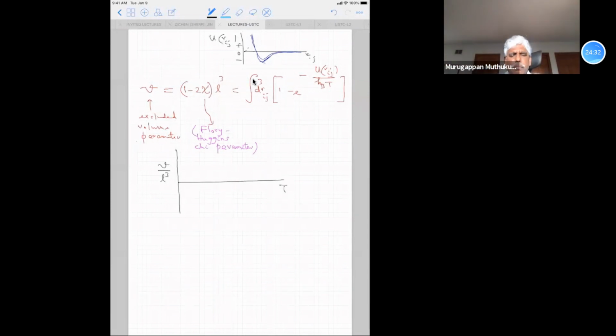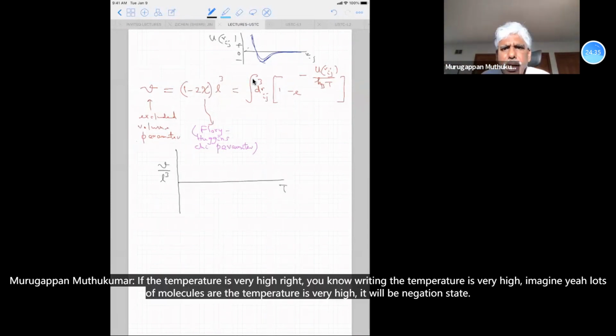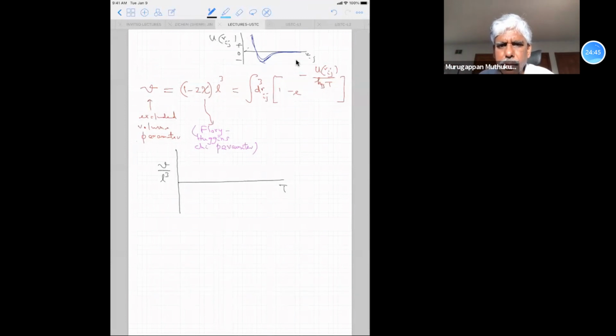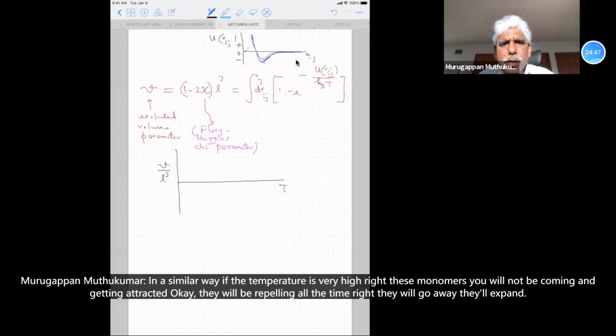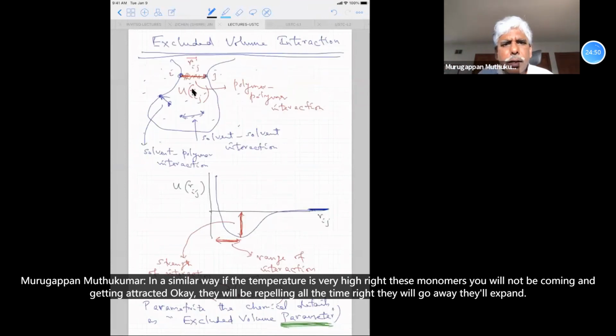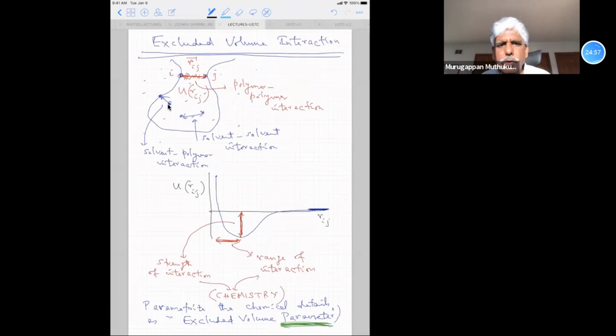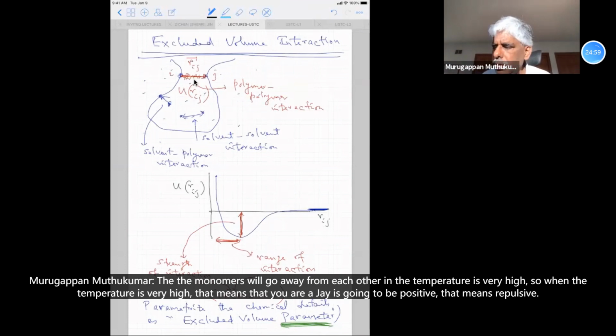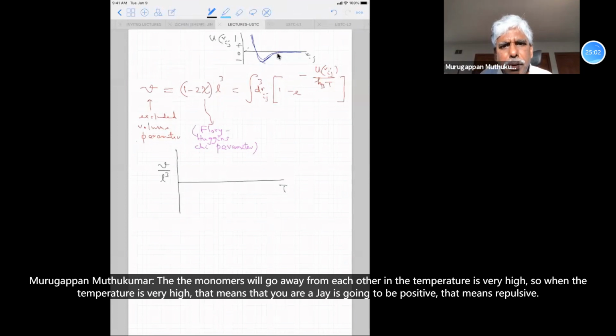Let's think about it. If the temperature is very high, imagine lots of molecules at a very high temperature; it will be in a gaseous state. In a similar way, the monomers will not be coming and getting attracted. They will be repelling all the time, they will go away from each other and expand. So when the temperature is very high, U of Rij is going to be positive, which means repulsive.